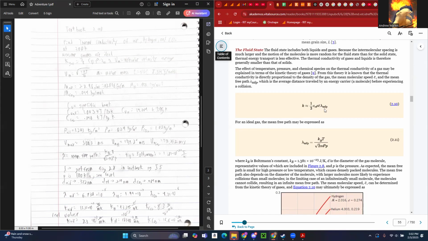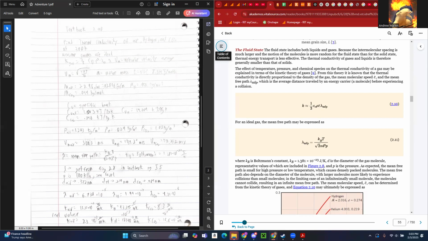So to start right off, at least these first two values, the specific heat and the density, can be obtained just by Googling, like what is the specific heat of air, what is the density of hydrogen in kilograms per cubic meter. I've already grabbed some of these values here.